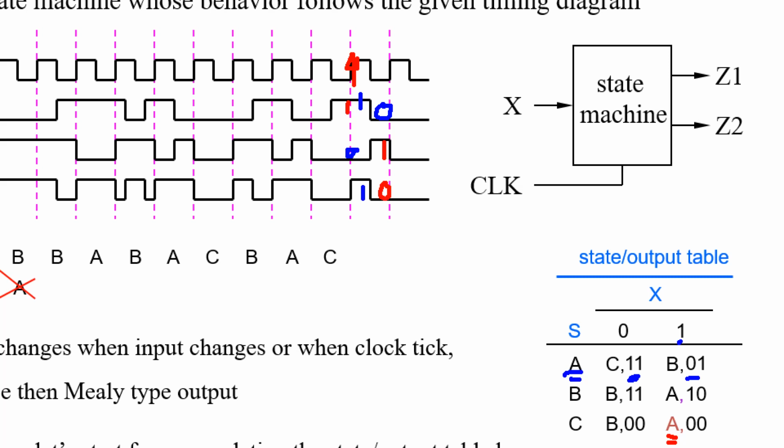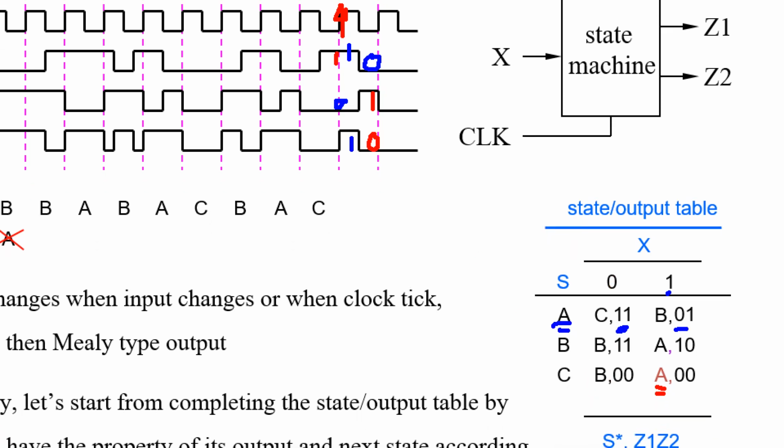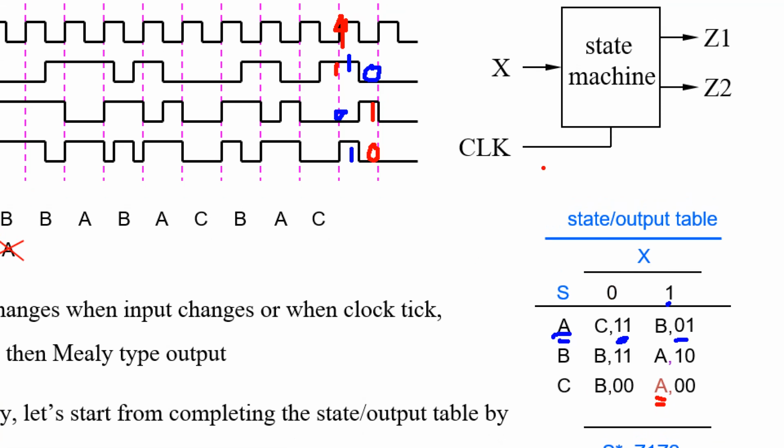So what happened? That means it cannot be state A at here, right? So we state that output is 1, 0 when input is 0. So now you should define the new states A, B, C, D. It should be state D at here.